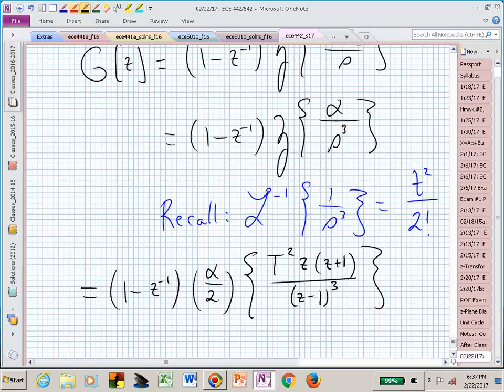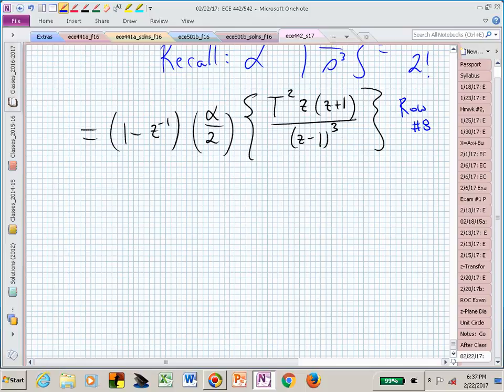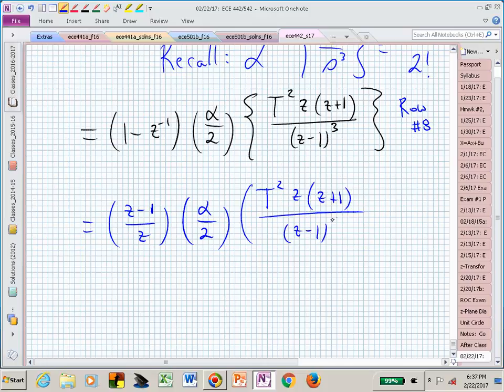That was row number 8 of k, the quantity kT squared, which we've been using instead of little n. But that was the quantity n capital T squared. Let's clean that up a little bit. We now have z minus 1 over z, alpha over 2, T squared z, z plus 1 over z minus 1 cubed.